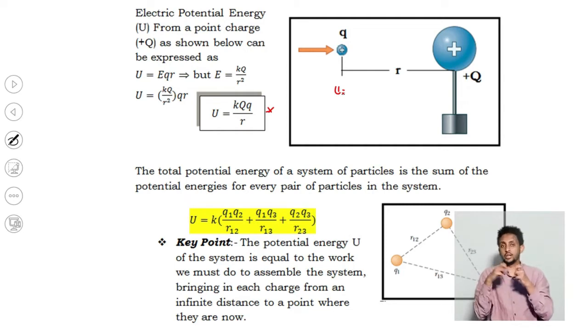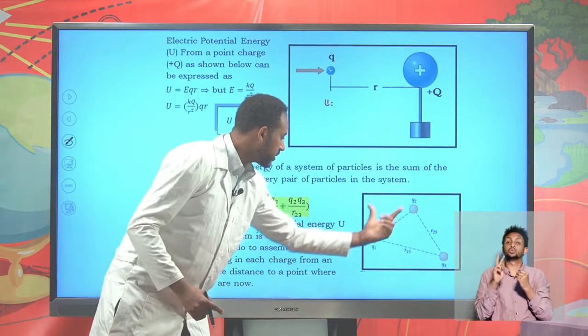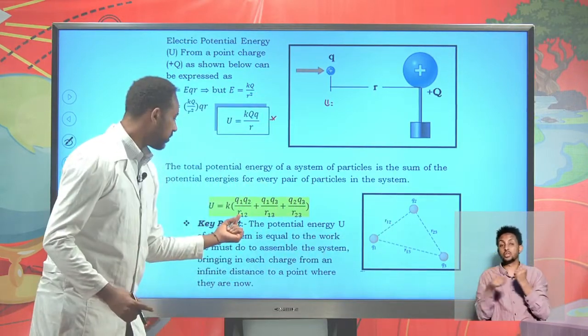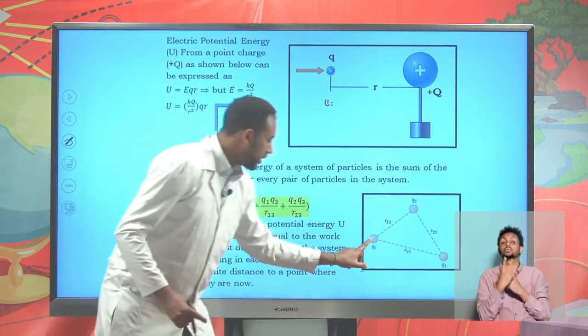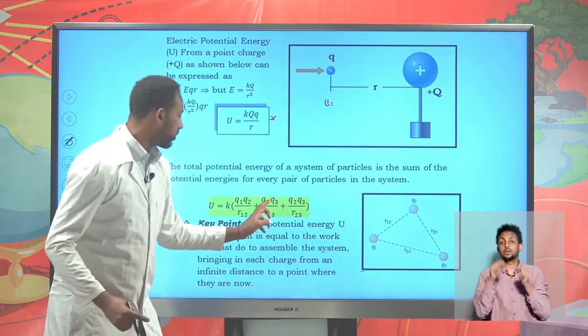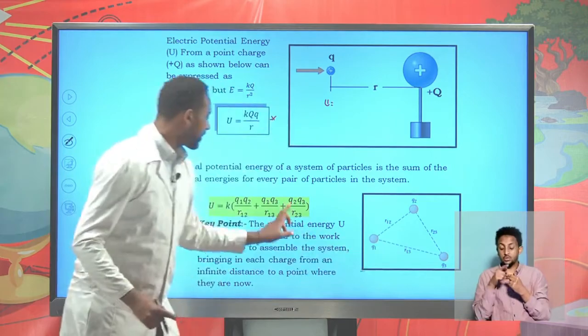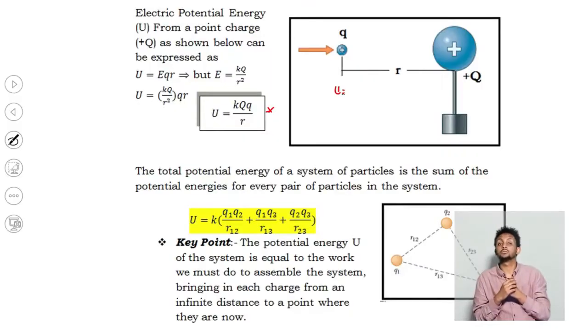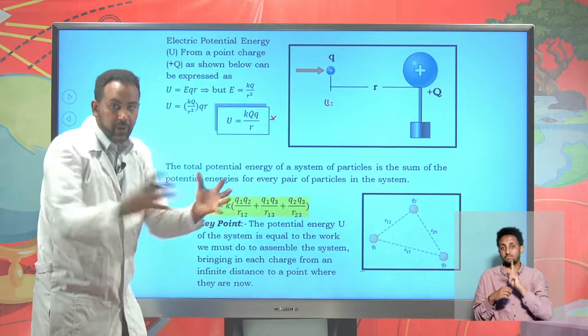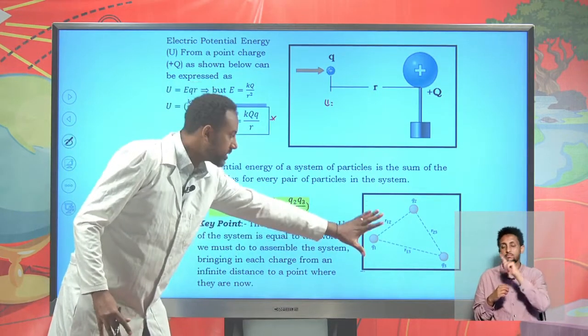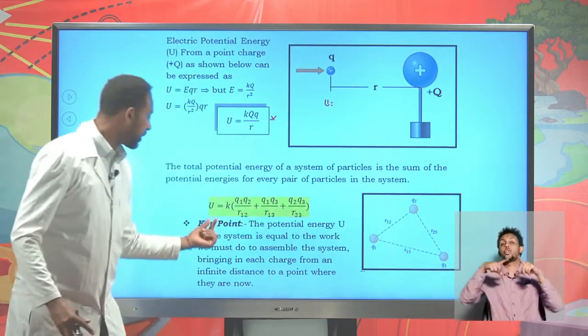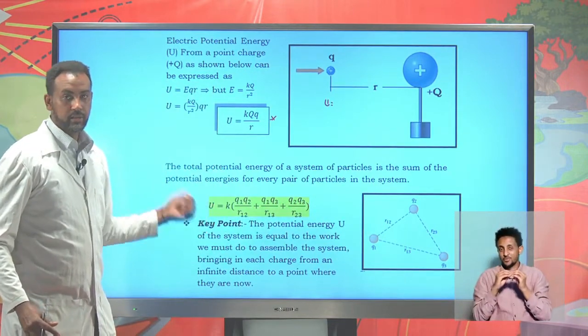For a single pair, K Q1 Q2 over R12, the distance between the two charges. Then Q1 Q3 over R13, and Q2 Q3 over R23, each pair of charges multiplied and divided by their distance. This is how we find the net electrical potential energy required to perform work from infinite distance to the place where they are found now. To assemble and hold them at this location, we require such an amount of electrical potential energy.